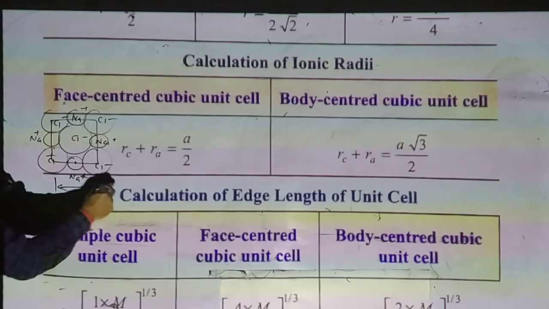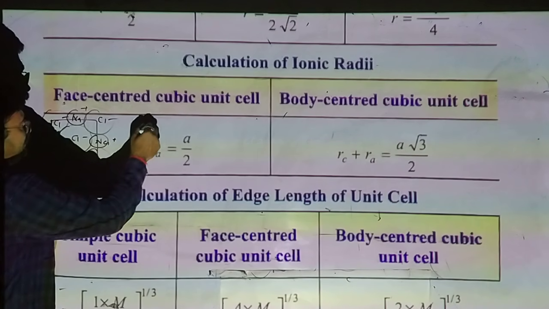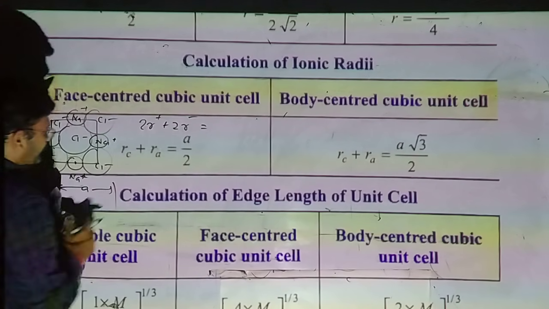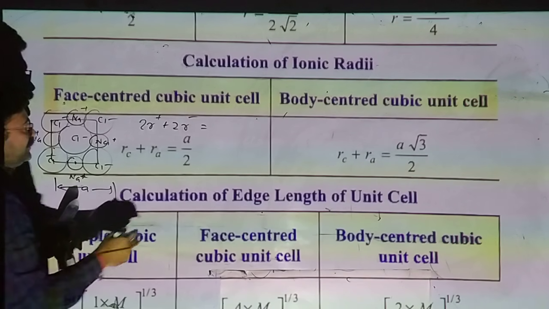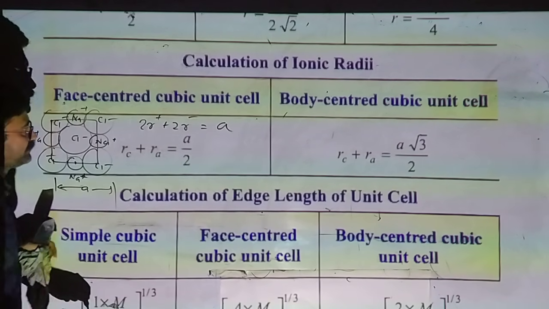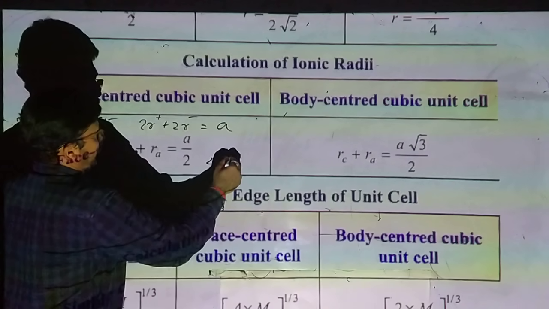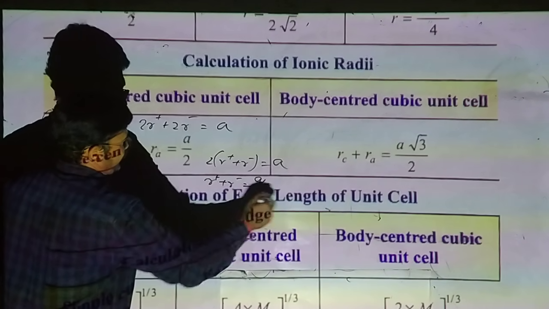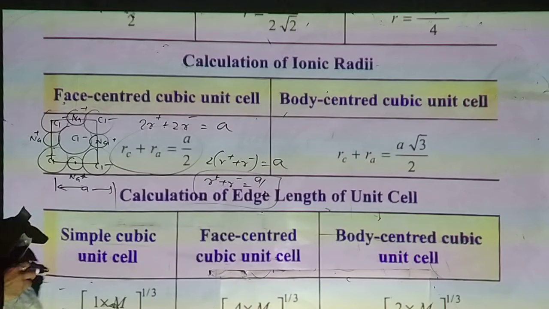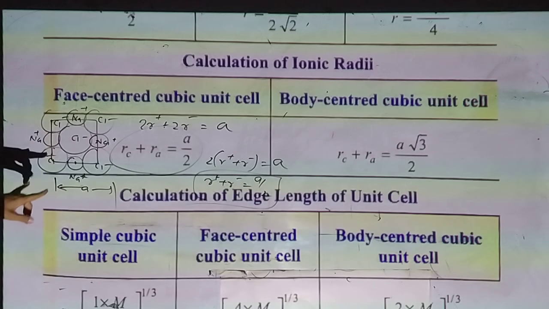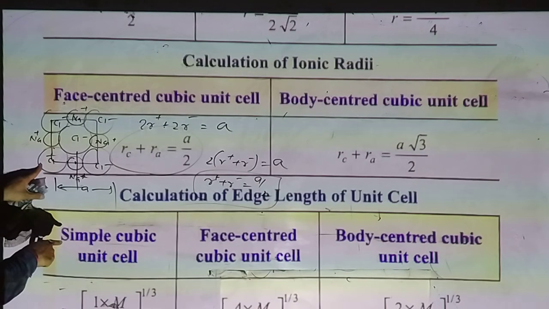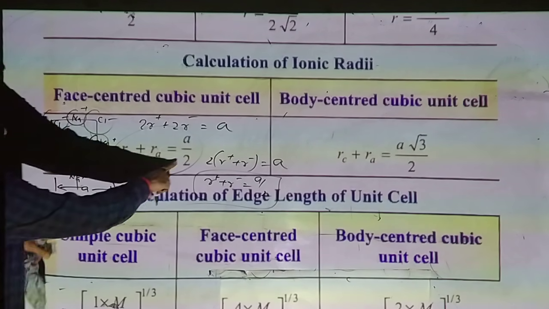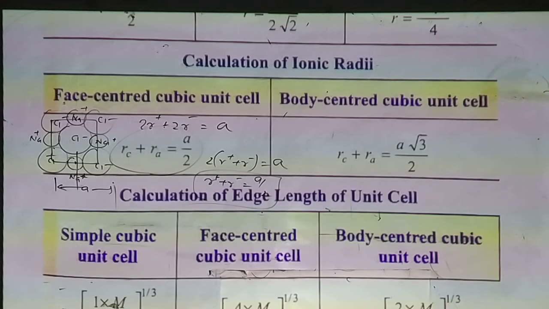So here the edge length is 2 times the radius of the positive ion plus 2 times the radius of the negative ion, so it is equal to a. 2 is common, so R plus and R minus is equal to a by 2. Here you can see one time positive radius, one time negative radius, so the total is half of the edge length.